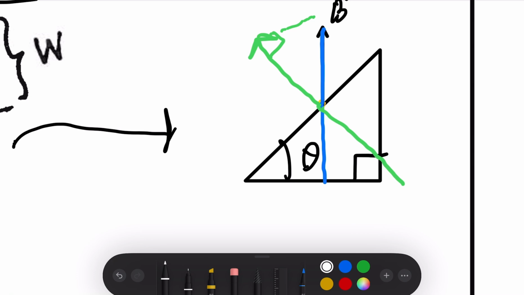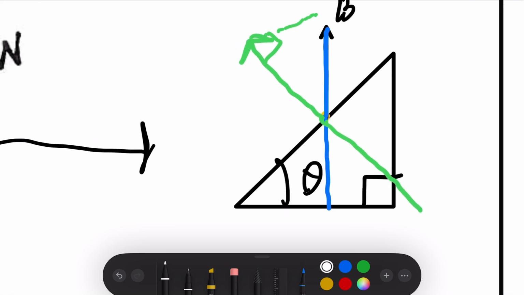So basically the way we determine where theta is in this triangle is I see what sides are perpendicular with the green and blue wire. If I look at the green vector that I drew, I see that this line I'm drawing in red is perpendicular, 90 degrees.